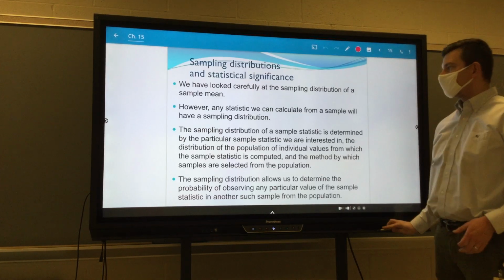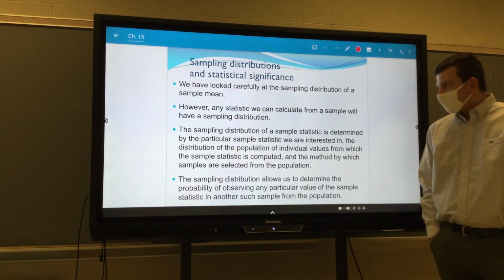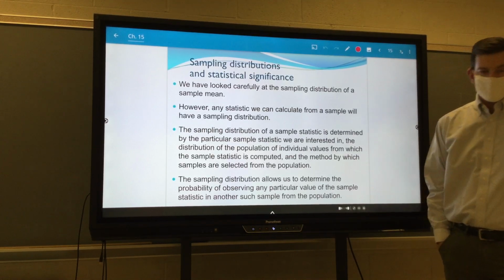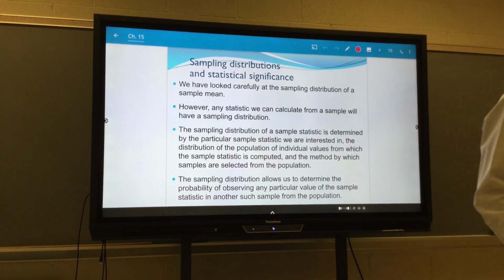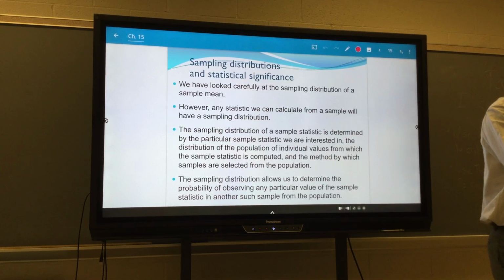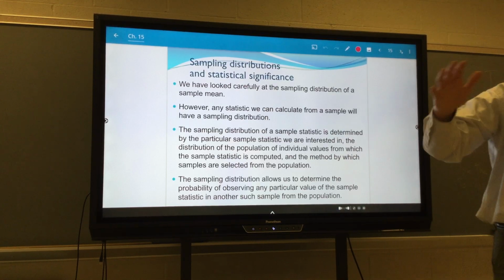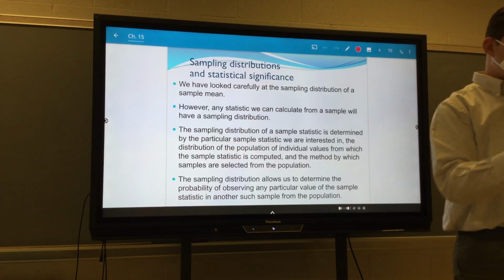All right, last slide. Just kind of wrap up here. We've looked carefully at the sampling distribution of a sample mean. However, any statistic we can calculate from a sample will have a sampling distribution. And it's up to us to look at that distribution and infer some conclusions about that.